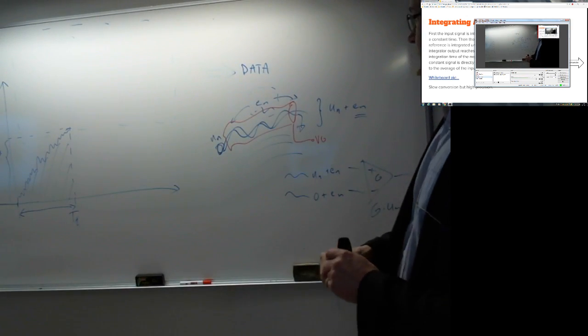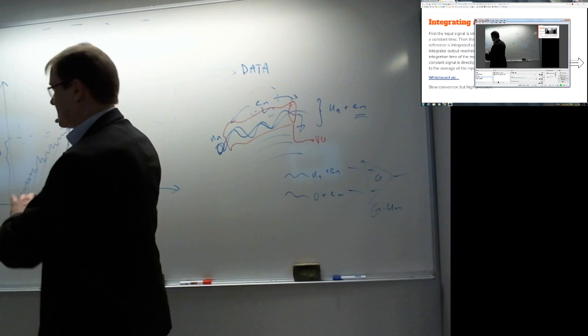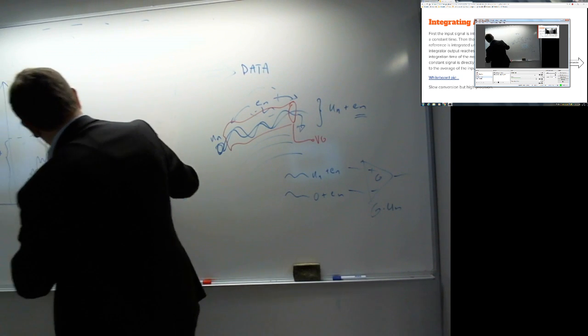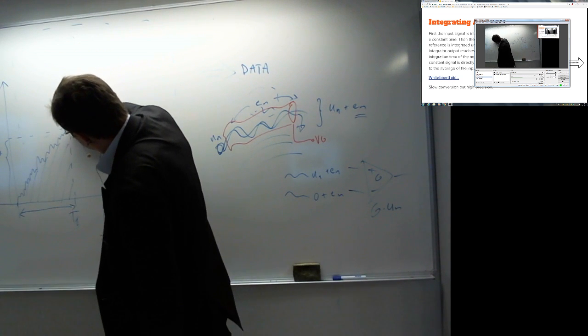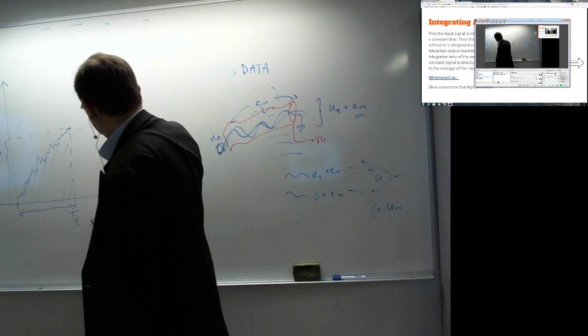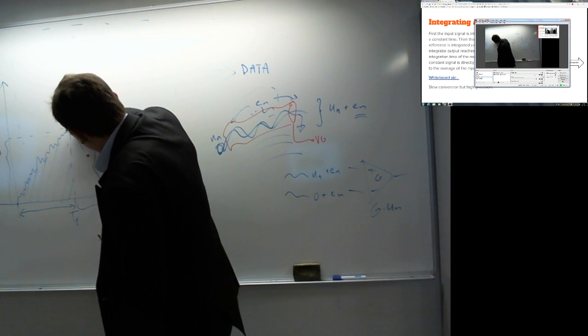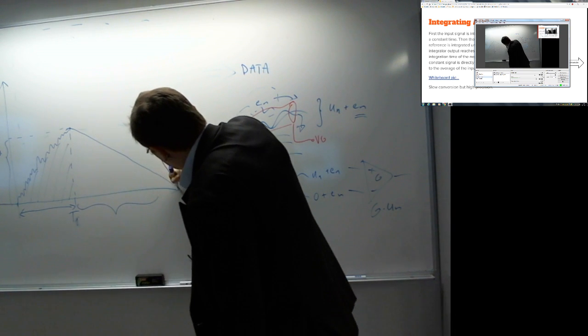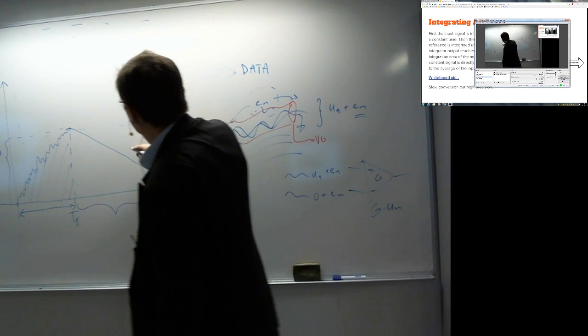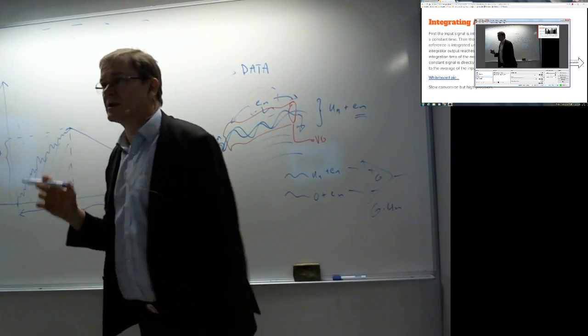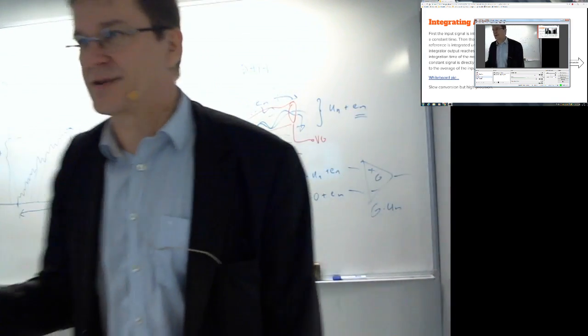And after that time, we turn the switch to the other input and start counting time. We are measuring the time it takes to down-integrate with a constant value, the reference value.